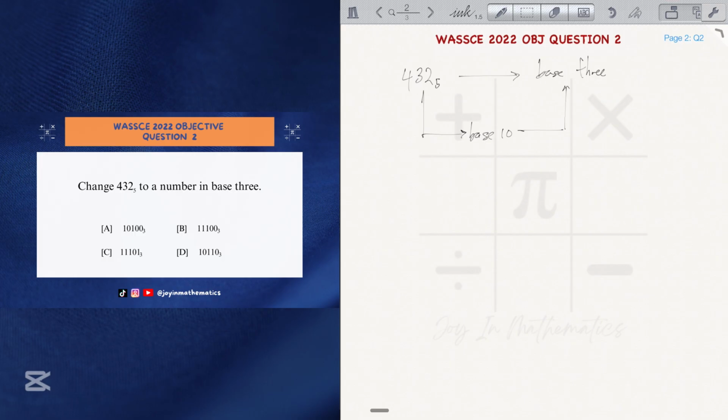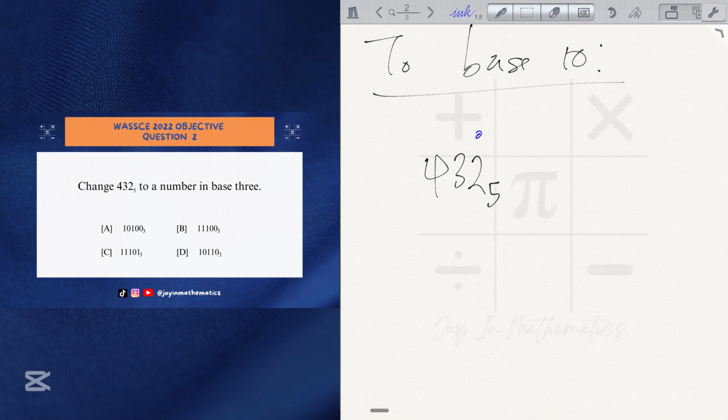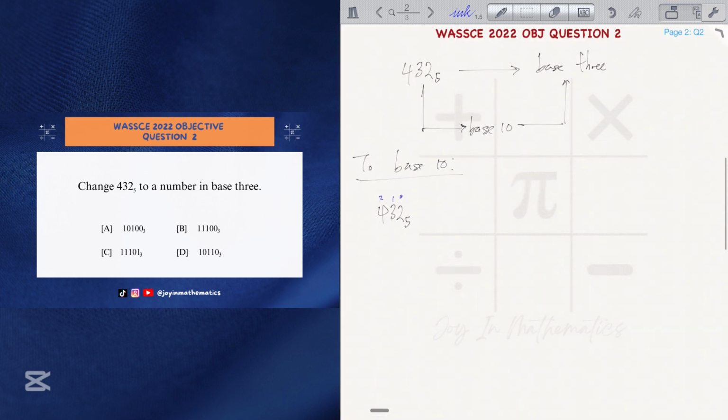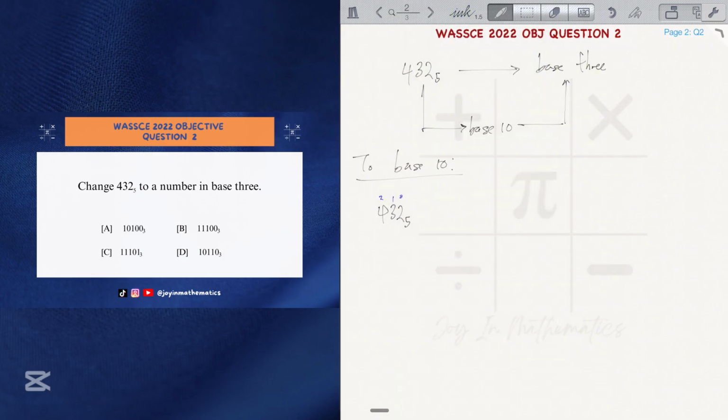So let's begin. Let's convert first to base 10. We have 432 base 5, and to convert to base 10 we are going to use the powers of 0, 1 and 2. This is something I believe you're familiar with, and we have done this in a lot of questions in WAEC 2024 and 2023. So let's apply this now.